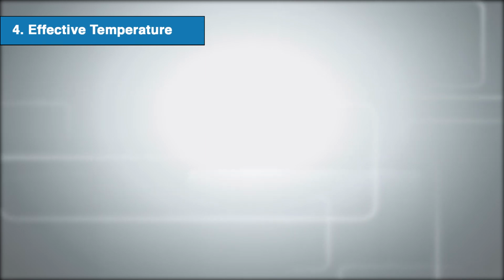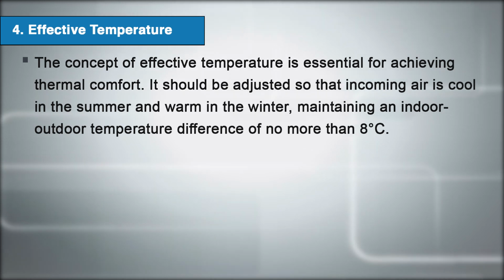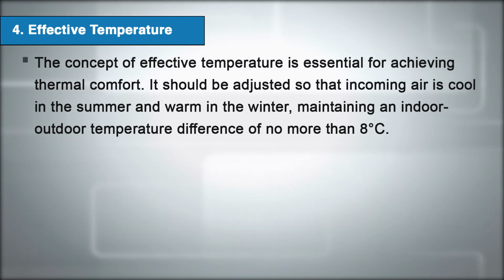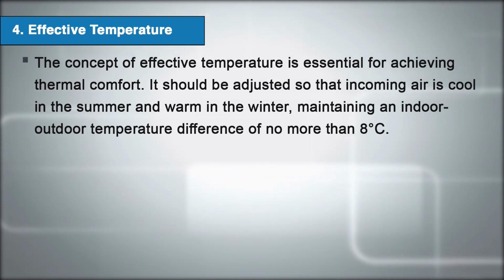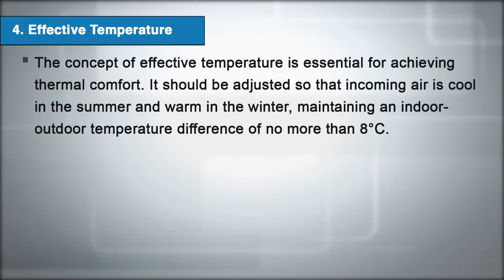Next is the effective temperature. The concept of effective temperature is essential for achieving thermal comfort. It should be adjusted so that incoming air is cool in the summer and warm in the winter, maintaining an indoor-outdoor temperature difference of no more than 8 degrees Celsius.